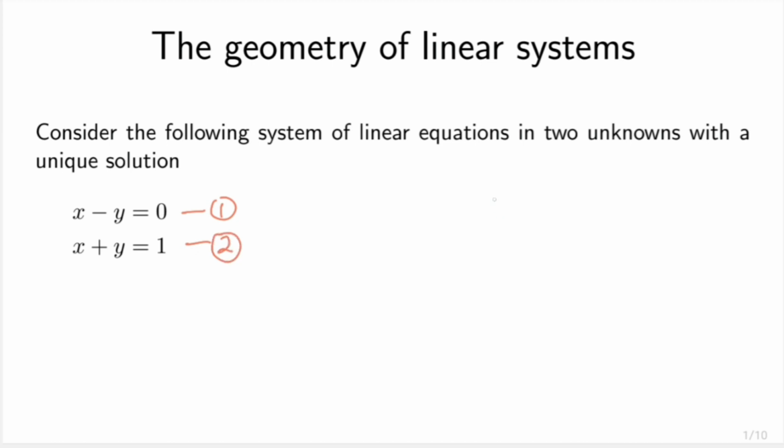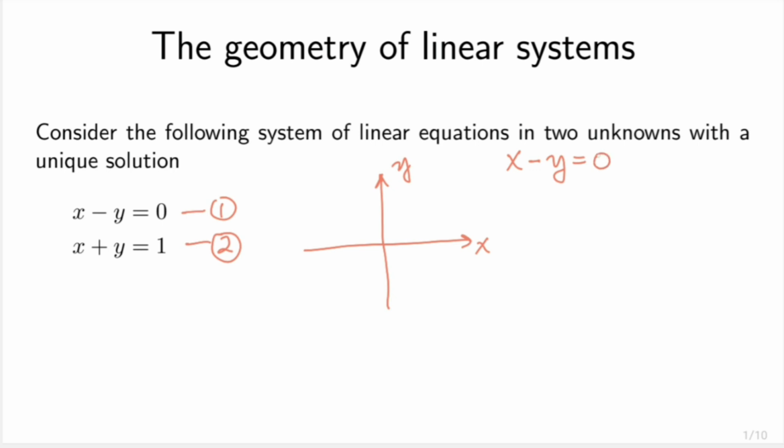So if we wanted to plot them on a graph, let's say we draw the xy plane. So it's our x-axis, our y-axis. If we wanted to plot x minus y equals 0, x minus y equals 0 is the same as x equals y.